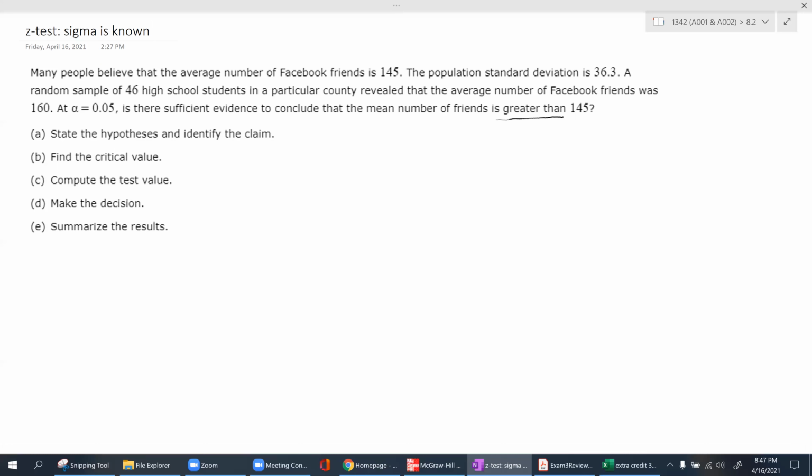The first thing I want to do is state my hypotheses and identify my claim. My alternate hypothesis is mu greater than 145, meaning my null hypothesis is mu equals 145.